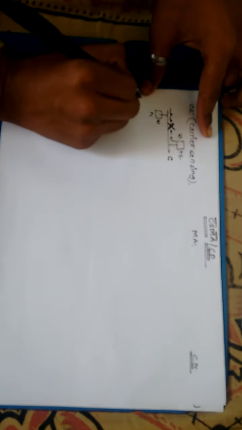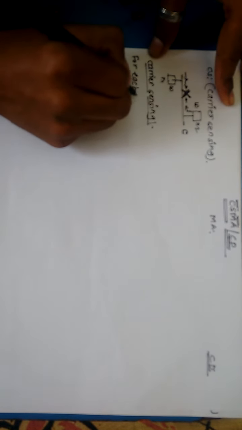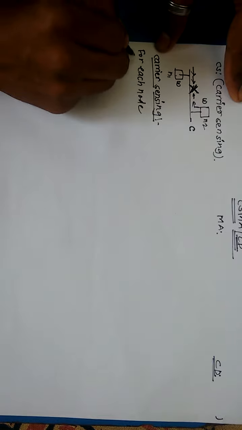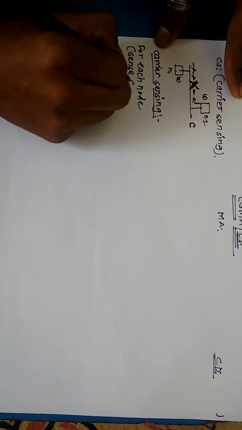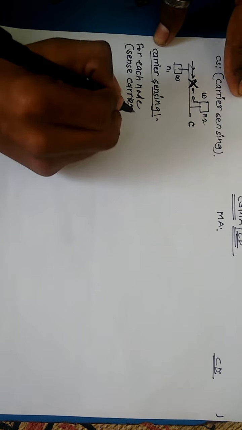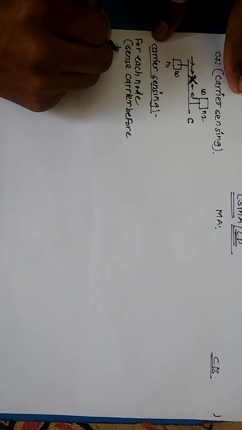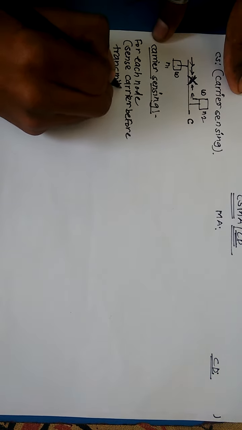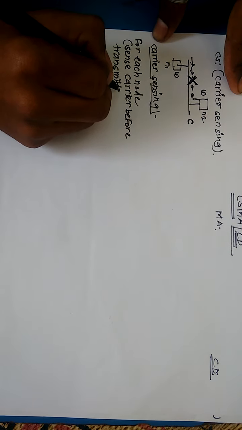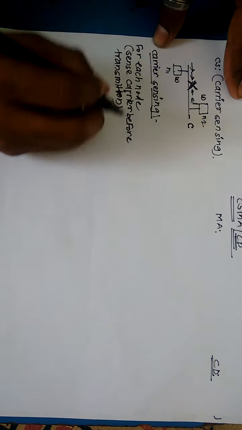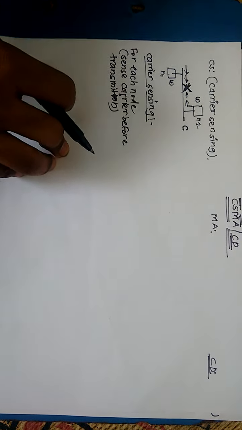So the main point in carrier sensing is that each node senses the carrier before transmission. This is carrier sensing.